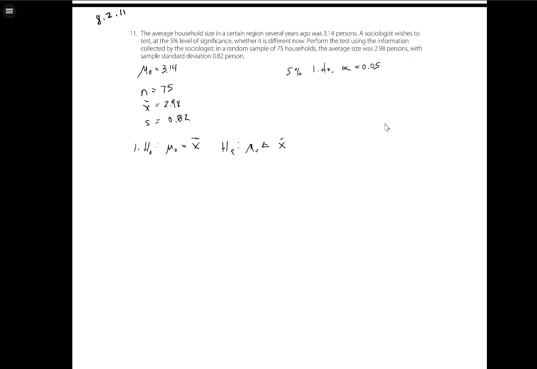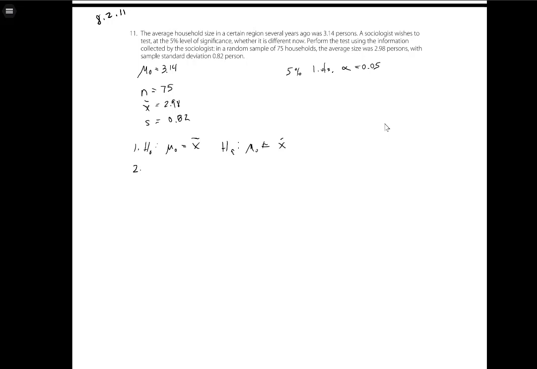Second step, now that we know that, we need to determine the test statistic. What information and values do we have? What's the sample size, is this something that's standard normal, do we have the actual population standard deviation or just the sample standard deviation? Looking at those things gets us to the particular test statistic.